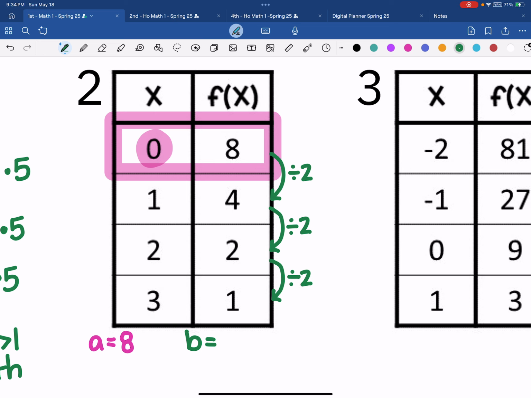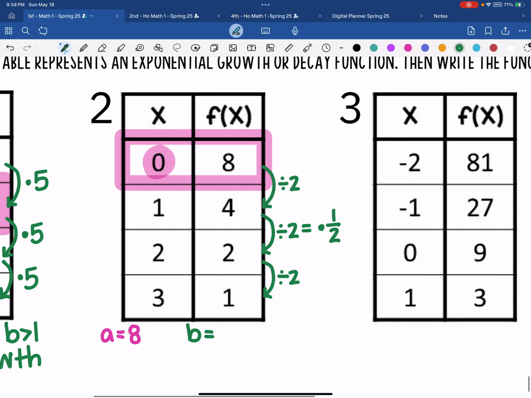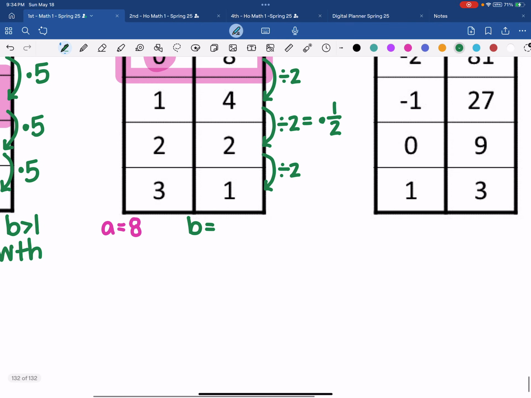But if you say it's being divided by 2, it's called the multiplier for a reason. We need to change the dividing by 2 to multiplication, so multiplying by the reciprocal, which is 1/2. Dividing by 2 is the same thing as multiplying by 1/2.